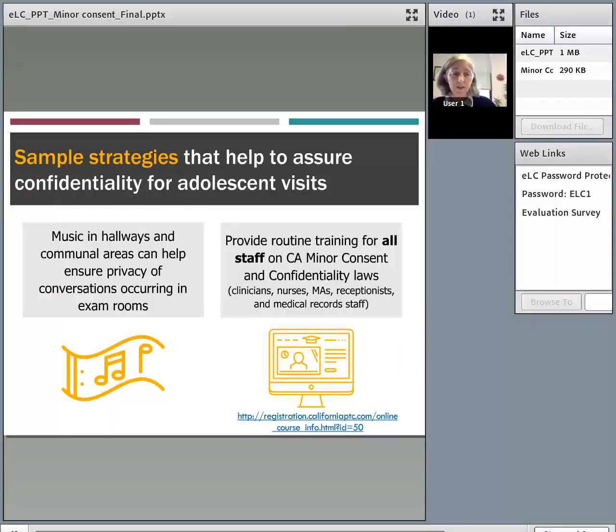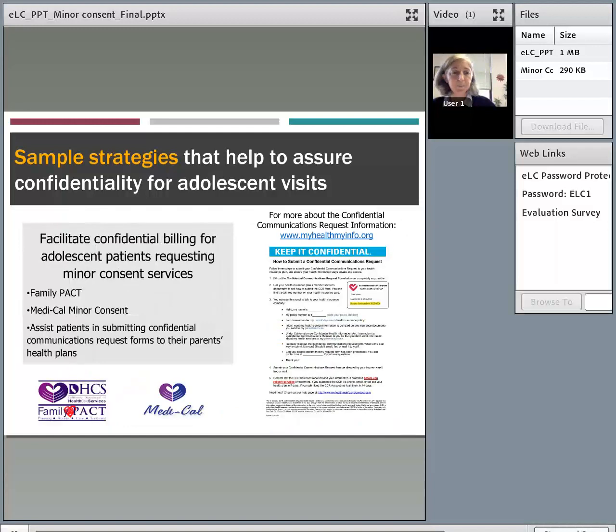Providing that routine training for all staff on a regular basis, and now we have that wonderful online webinar to make this easier. And then facilitating confidential billing. As we noted, there's a number of public funding streams available that can protect confidentiality and allow minors to be their own insurance owners, so that parents won't receive explanation of benefits or other information.